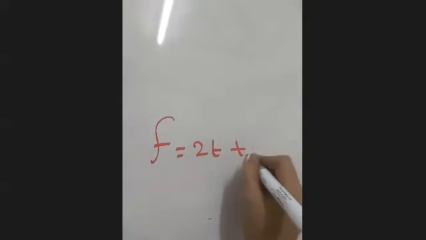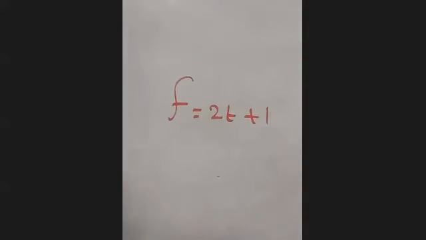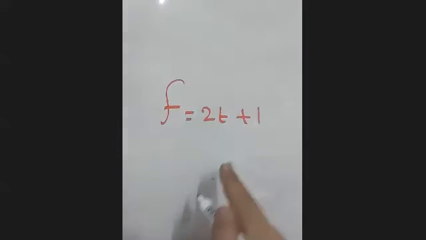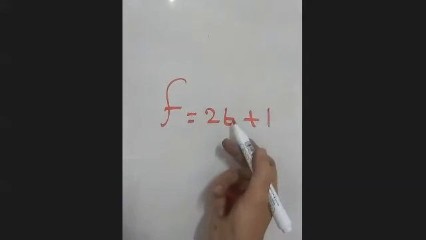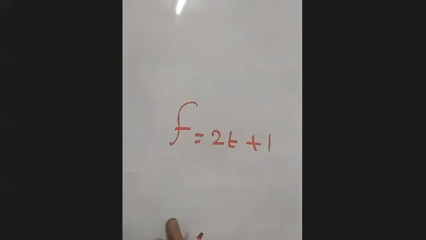Mister? Najem. Yes, Mister. What is the independent and dependent? I don't understand. Yeah, Mister, any formula, look here, any formula like F equals 2T plus 1. This is formula, right? Yes. Now, which variable depends on the other? F depends on T or T depends on F?